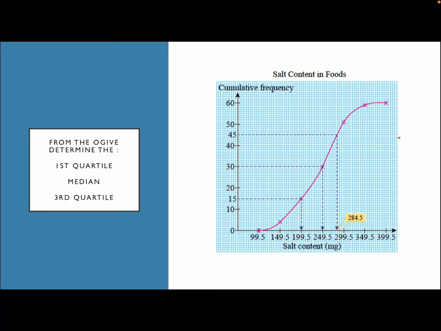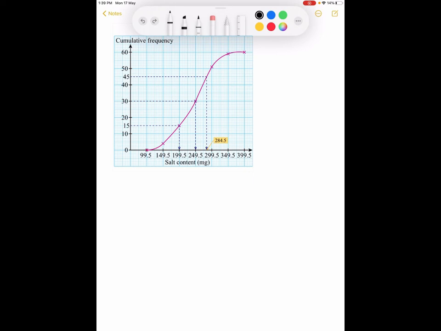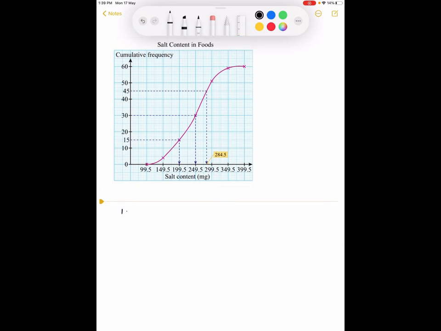As an example, let's try to find the first quartile, median, and third quartile based on our previous ogive. Let's start with the first quartile. It is represented by Q1, with the formula n over 4.